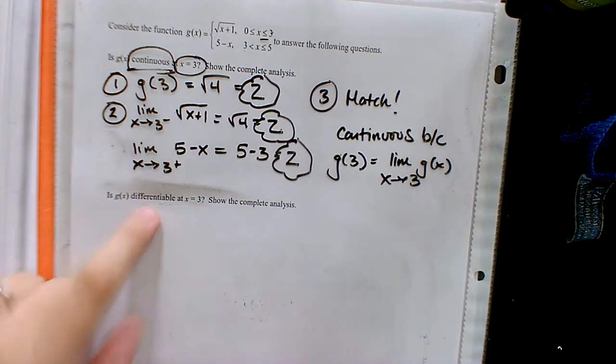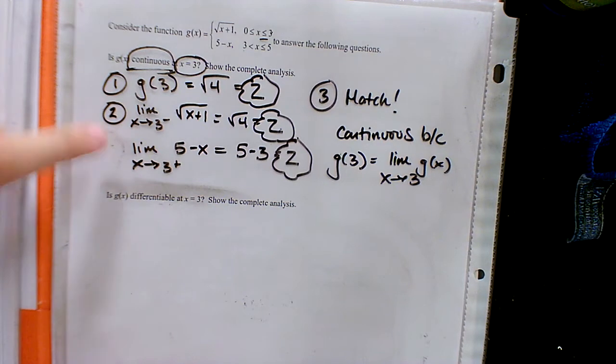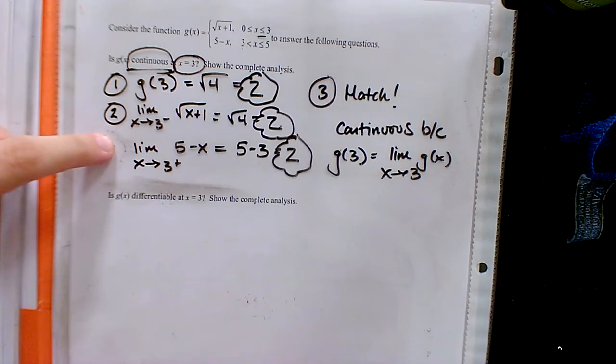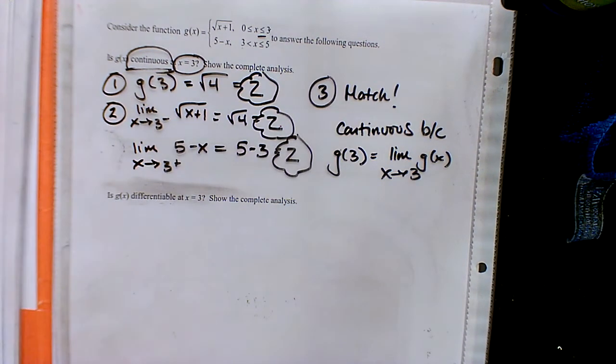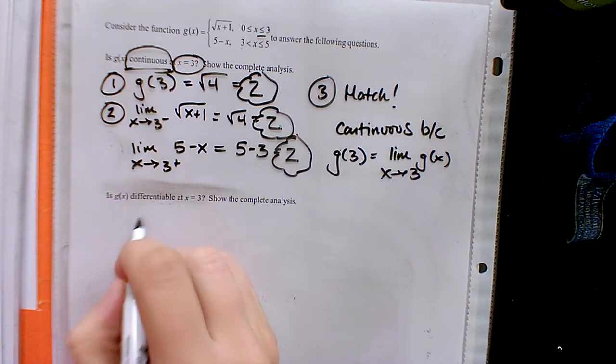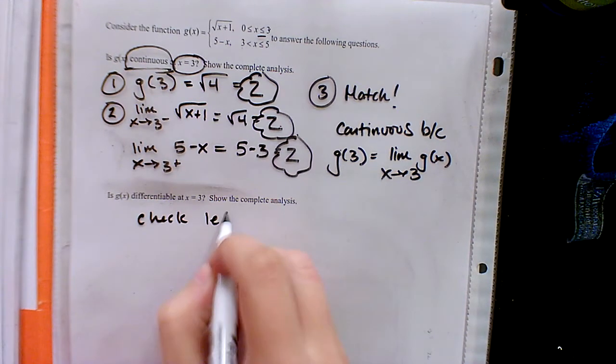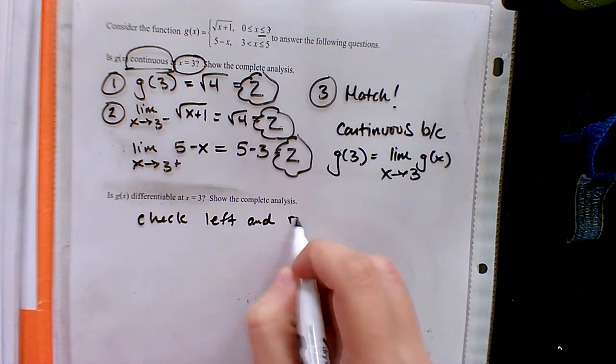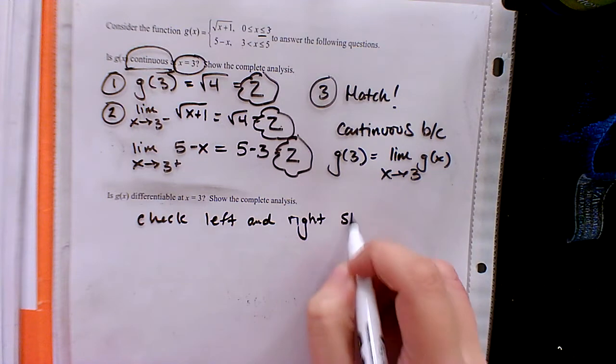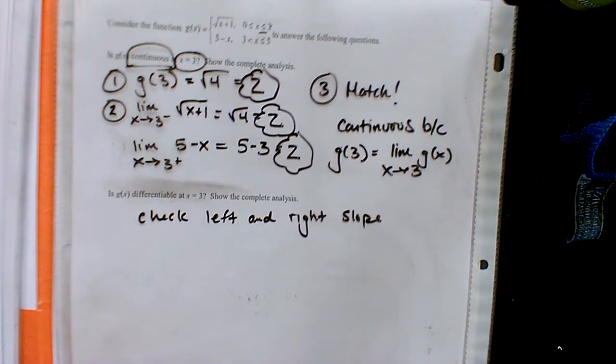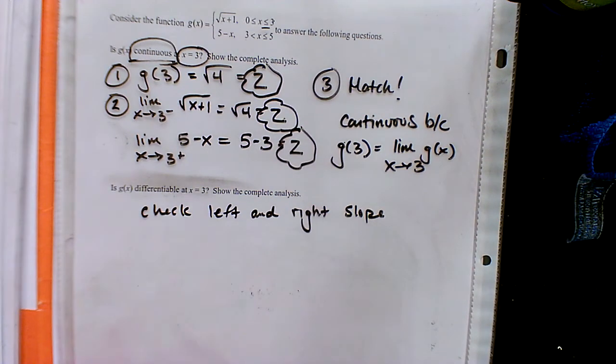So in order to check differentiability, it's very similar to this limit process, but instead of checking the left and the right equation, we got to check the left and the right slope. Are they connected smoothly? So we'll say check left and right slope, aka derivative.